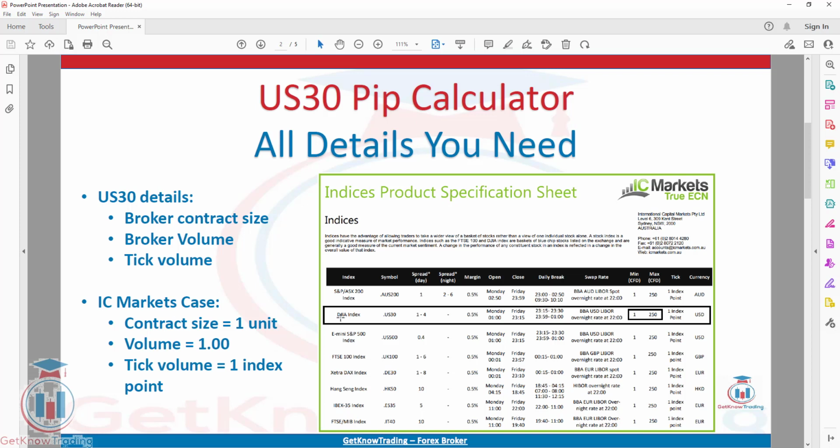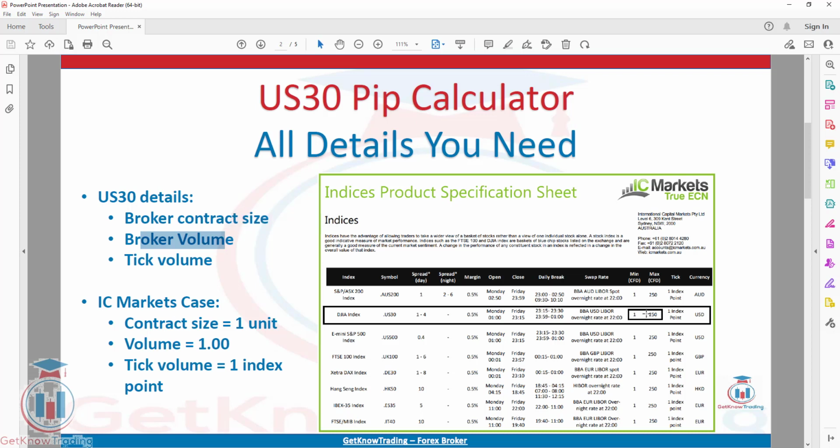Inside that sheet you can see that the US30 index has a minimum volume of 1 and the maximum volume is 250. So the broker volume, which means the lot size, has a minimum of 1 and a maximum of 250.